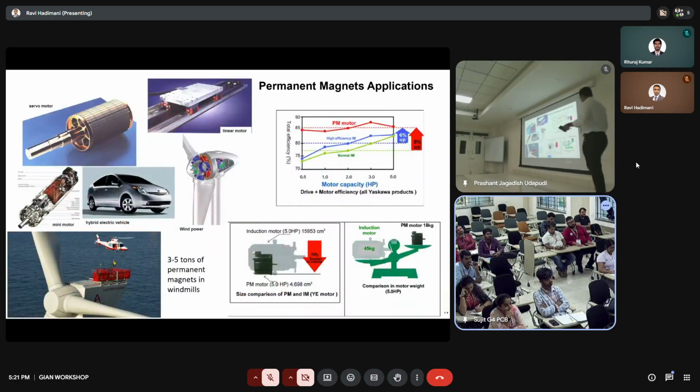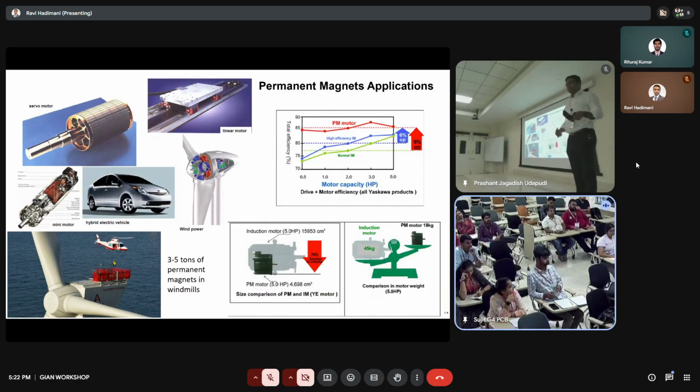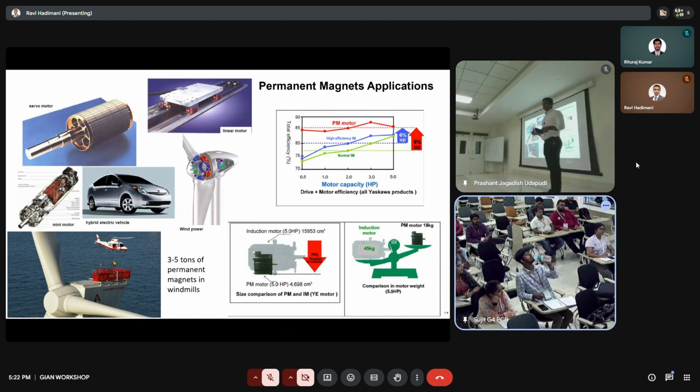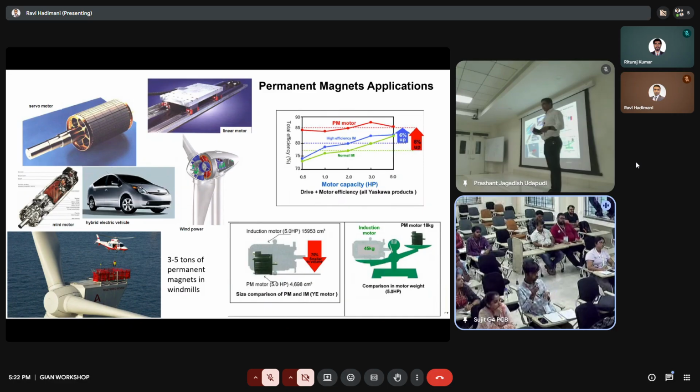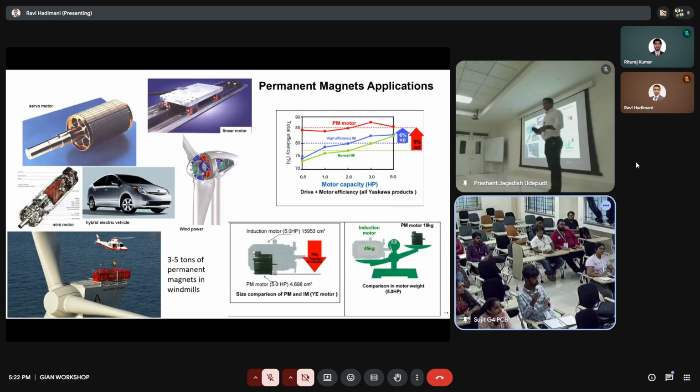So now there are so many applications for permanent magnets. Permanent magnets is a very big industry. India lags behind in permanent magnet manufacturing. Do you know which country is the leader in permanent magnets? China.